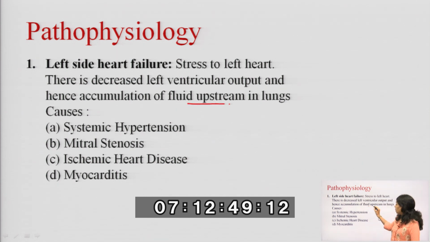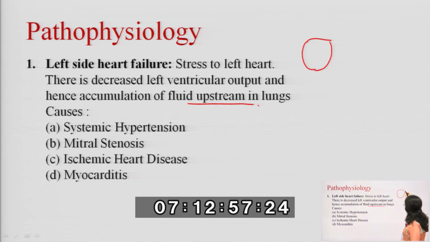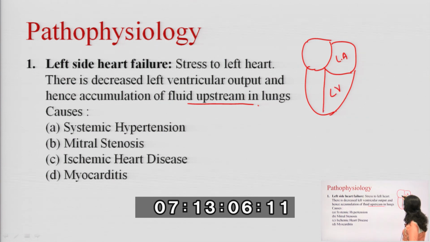In order to explain this, I have to draw the diagram of the heart. Suppose I am drawing here a rough diagram of the heart. This is the heart. This is the left auricle, left ventricle, right auricle is here, then right ventricle is here.